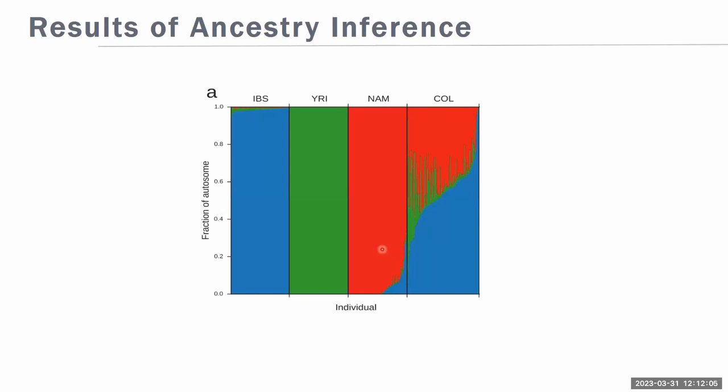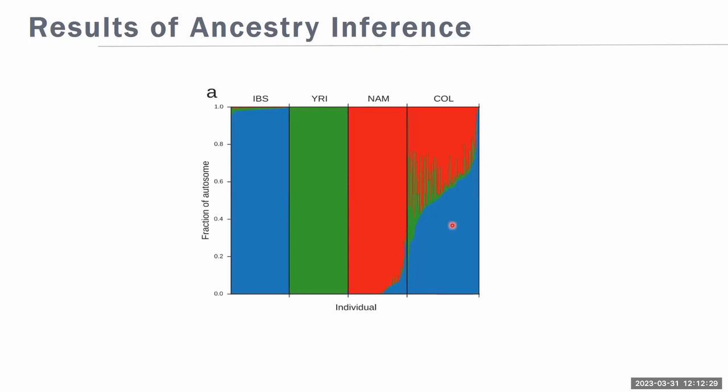And the last block here is our study population, where you can see it's largely an admixture of Native American and European, with a smaller fraction in green of African ancestry. But these are the global admixture proportions for each individual.